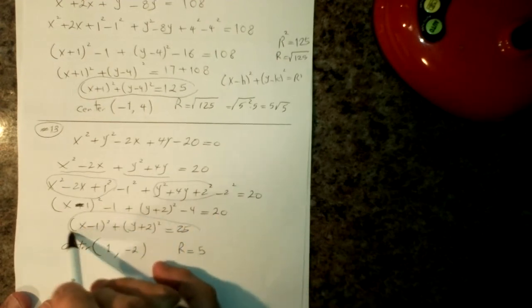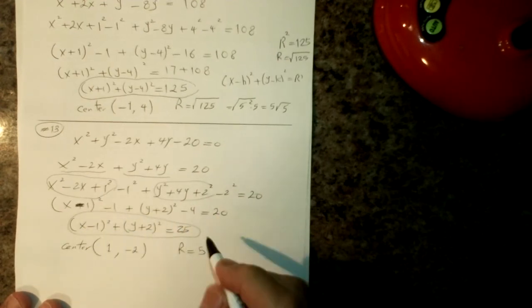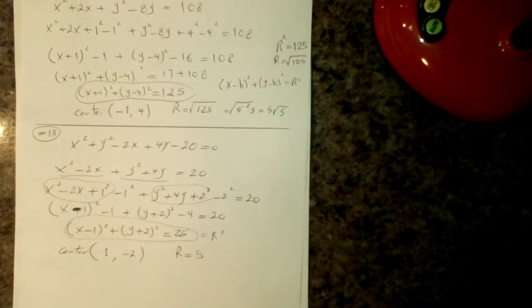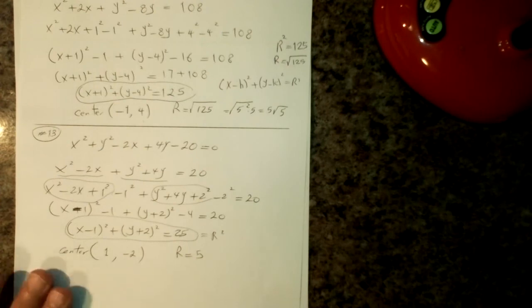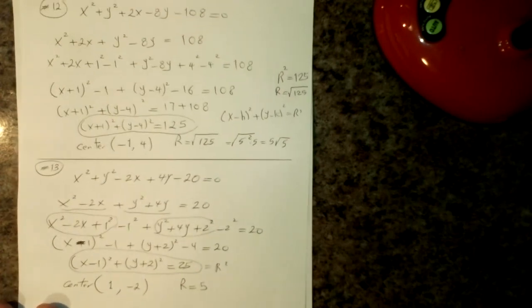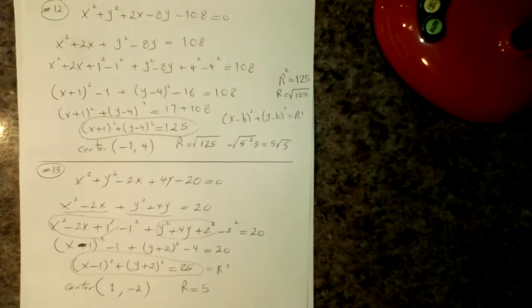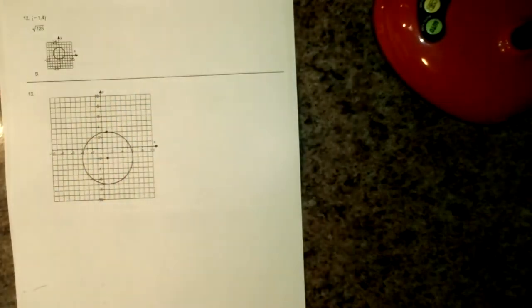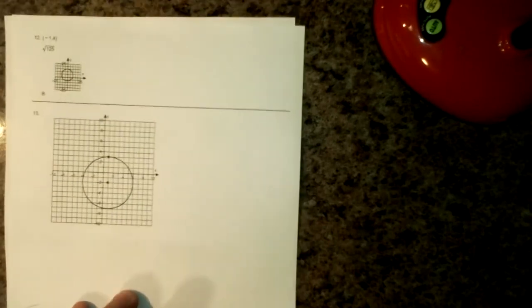This is your final equation of the circle, which is R is 5 and center is 1 and negative 2. And this is a picture for it.